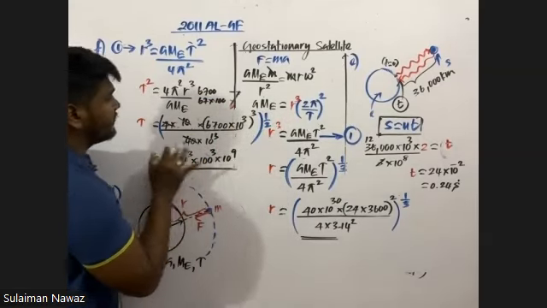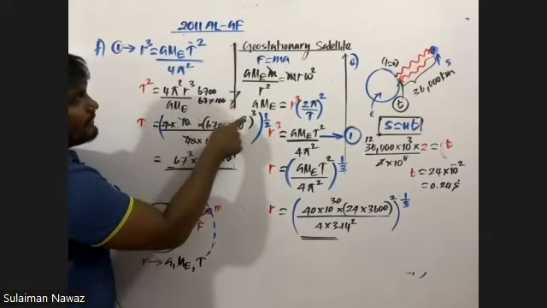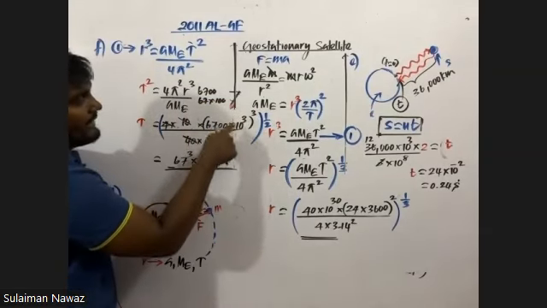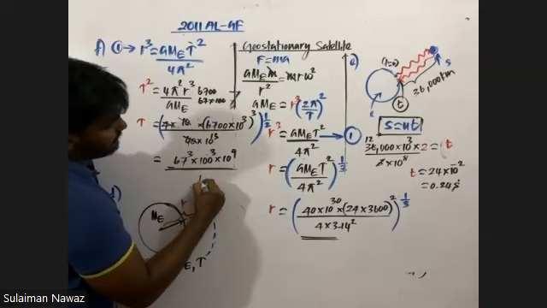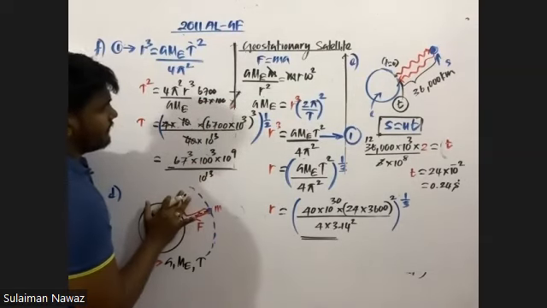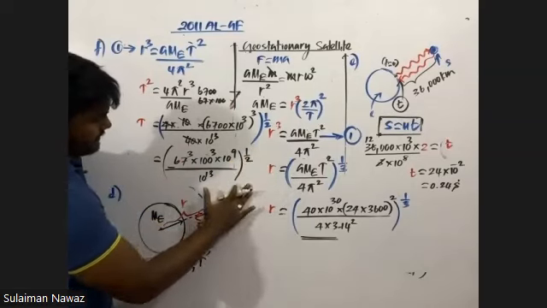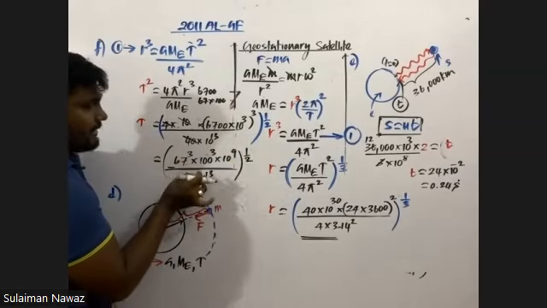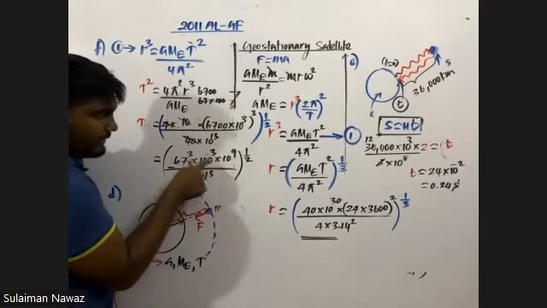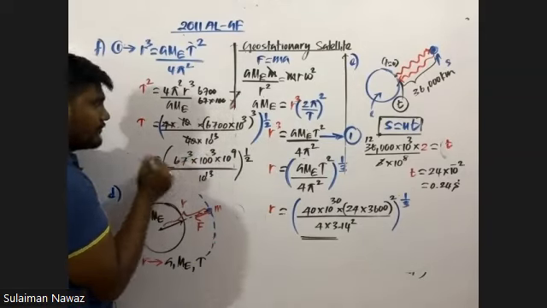Am I correct? Right? 67 cube, 100 cube, 10 to the power 9, 10 to the power 30. Entire power is half. Right? Then I can write down now 10 to the power 9, 100 cube.